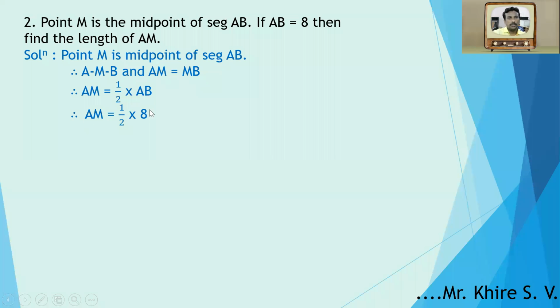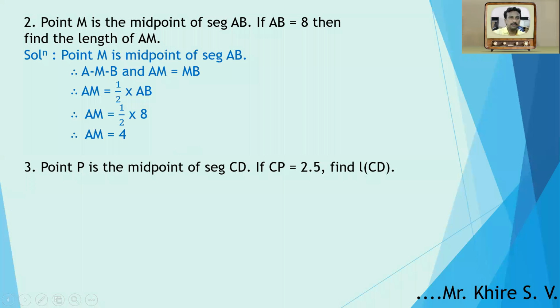Therefore put the value of AB here. AM is equal to half of 8. Therefore 2 fours are 8, meaning AM is equal to 4. It's so simple.